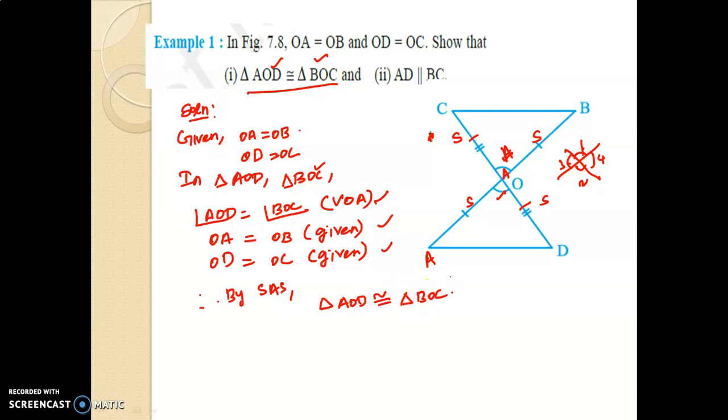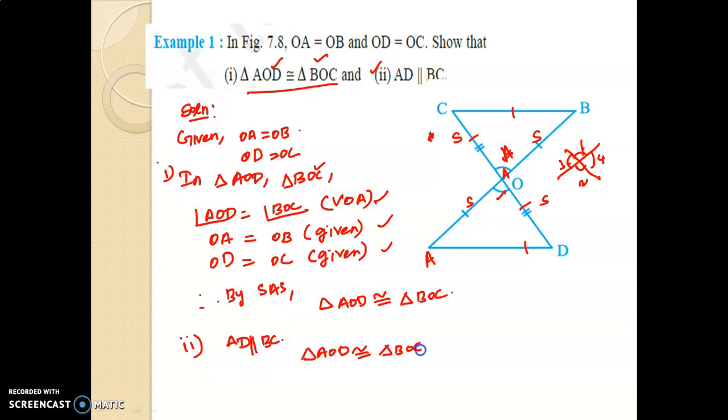So that is the first subdivision. And in the second subdivision, what are they asking? We have to show that AD is parallel to BC. AD is here and BC is here. Already we know that triangle AOD is congruent to triangle BOC.